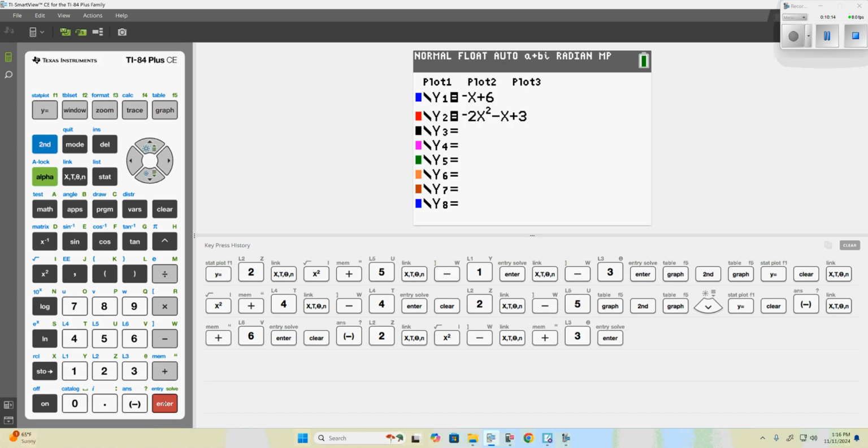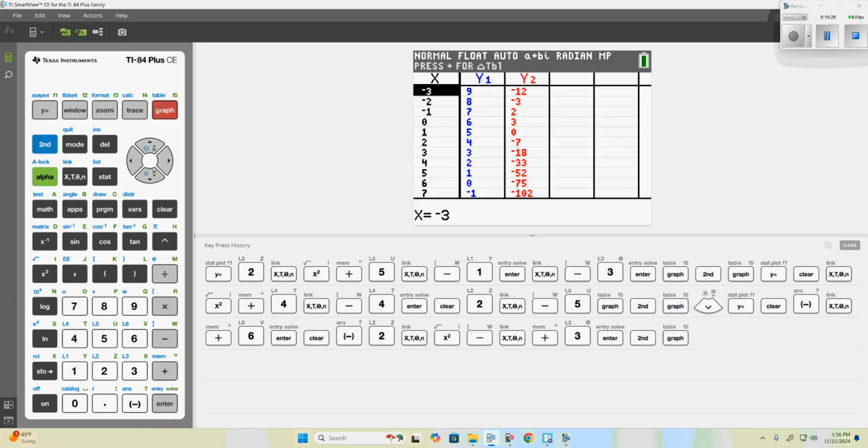I'll give you a minute to get it typed in. And once we get it typed in, what can we do next? Second graph. At this point, we're looking for what value of x, really where the y values are the same. We're looking for where the y's have the same value.